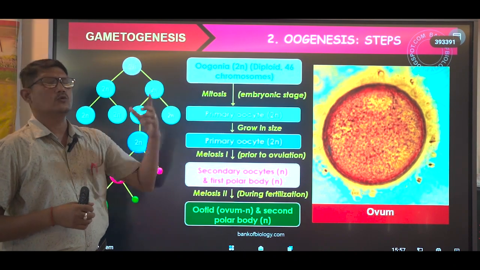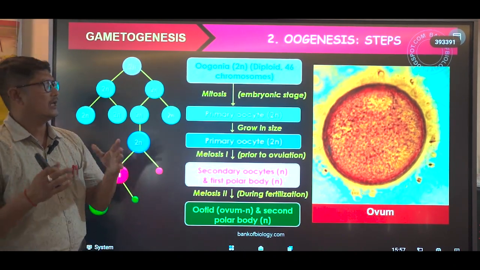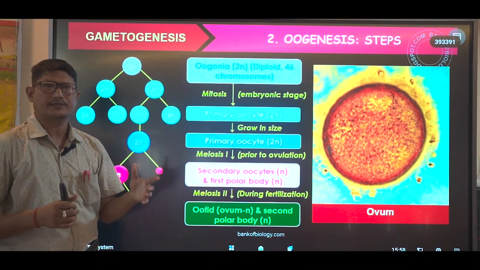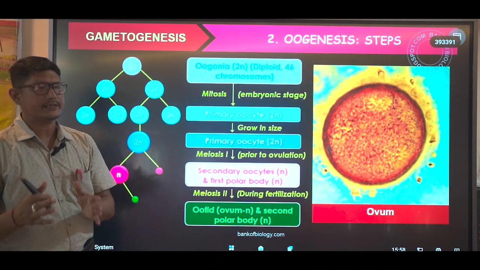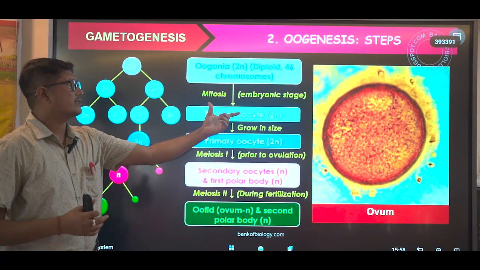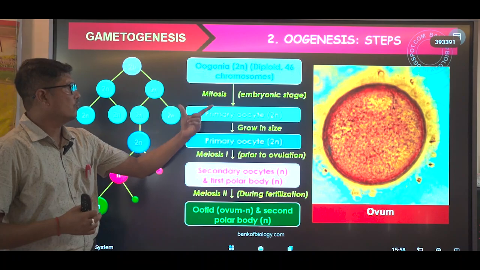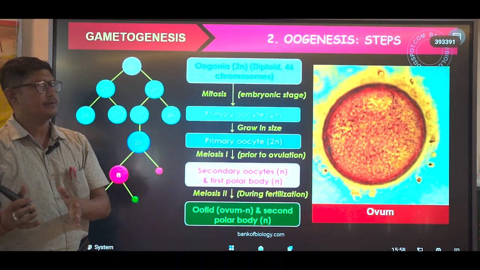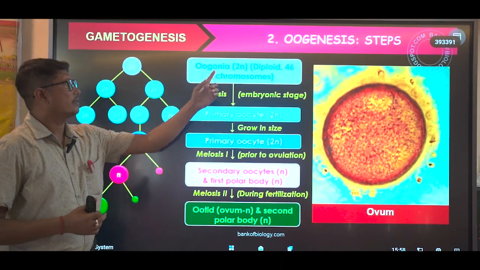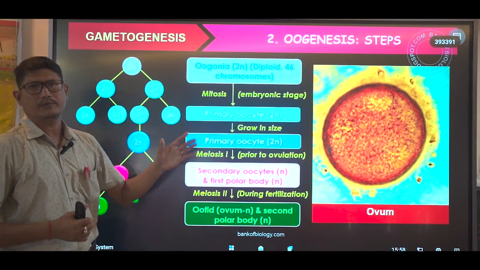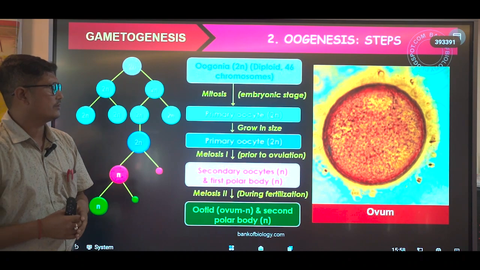These oogonia undergo mitotic division. As we know, in mitosis the chromosome number remains the same. So in the first cell division in the process of oogenesis, the oogonia develops into the primary oocyte, but the chromosome number remains the same, 2n, because in mitosis the chromosome number does not change.